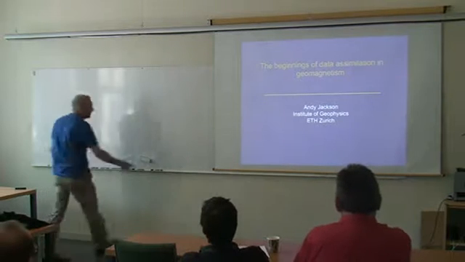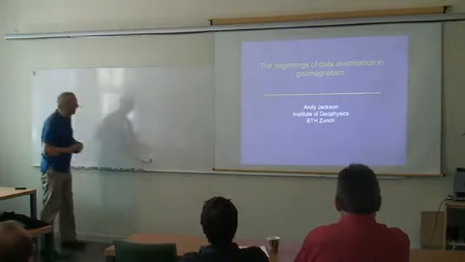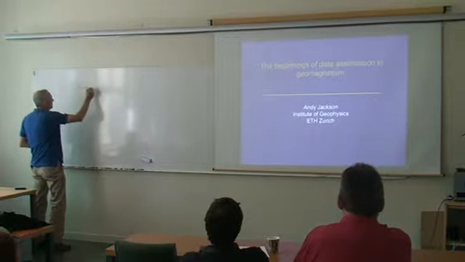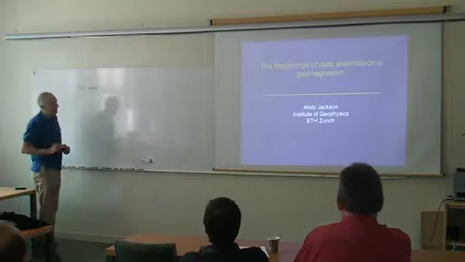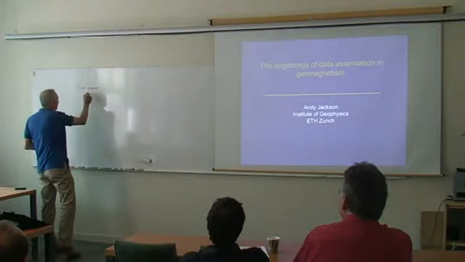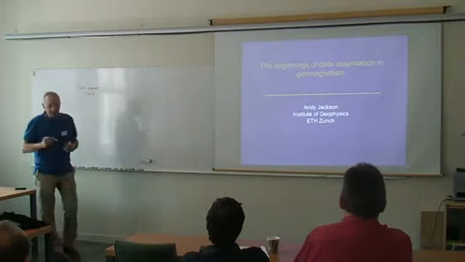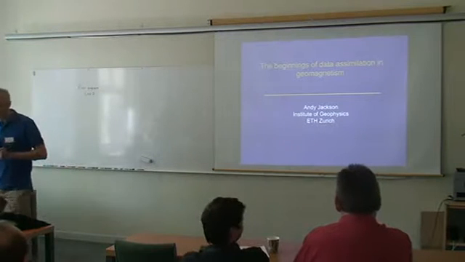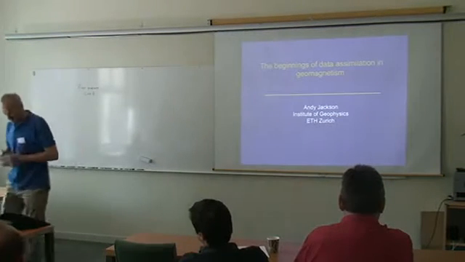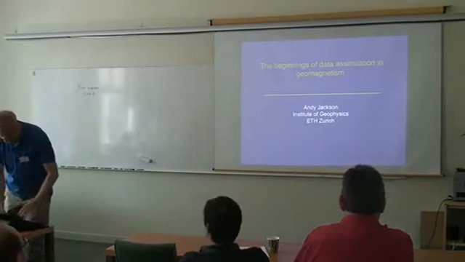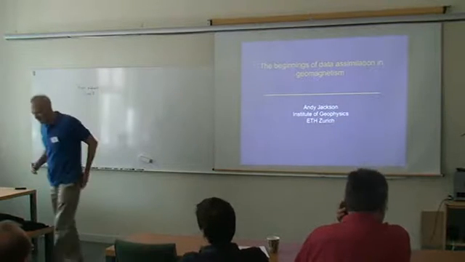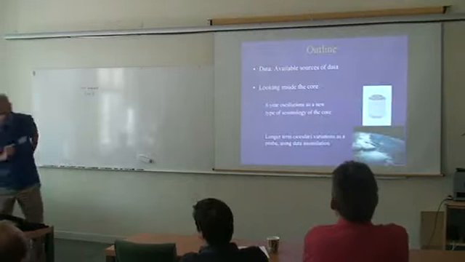I've said the beginnings in my title because the first papers that discussed data assimilation in geomagnetism came out in 2007. So you will see that it's a relatively recent development in our field, despite the fact that you can all probably see that it makes a lot of sense. Maybe we're just very slow learners.